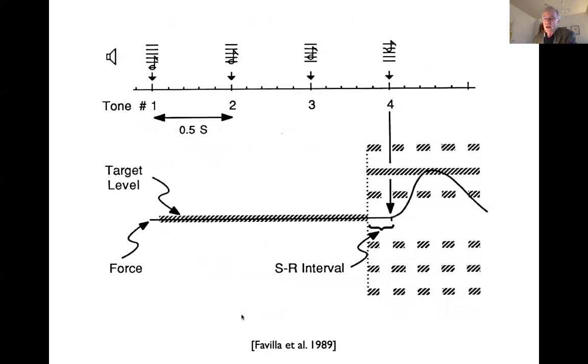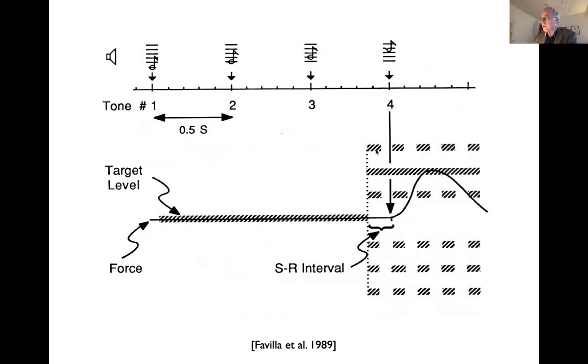And that's the paradigm. I think here's a more clear illustration. A lot of this work uses isometric force impulses, like pressing on a stiff joystick to control a cursor on a screen, so to minimize the movement component, you can imagine. In this experiment, the target is a force level they have to generate on that joystick. There are 6 force levels that they are familiar with, which they have learned.